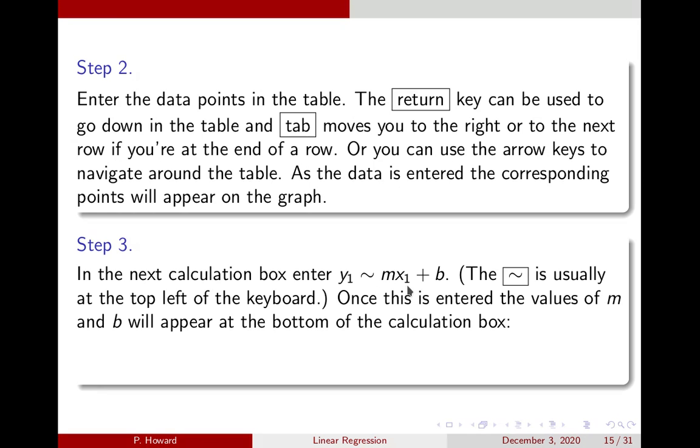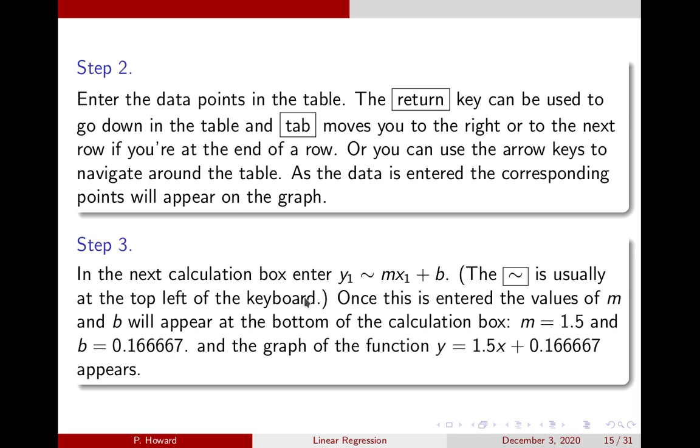Once you have entered this in the second calculation box, the values of m and b will appear at the bottom of this calculation box. We'll look at a screenshot in just a minute. The value of m, in our case, is 1.5, and the value of b is 0.166667.